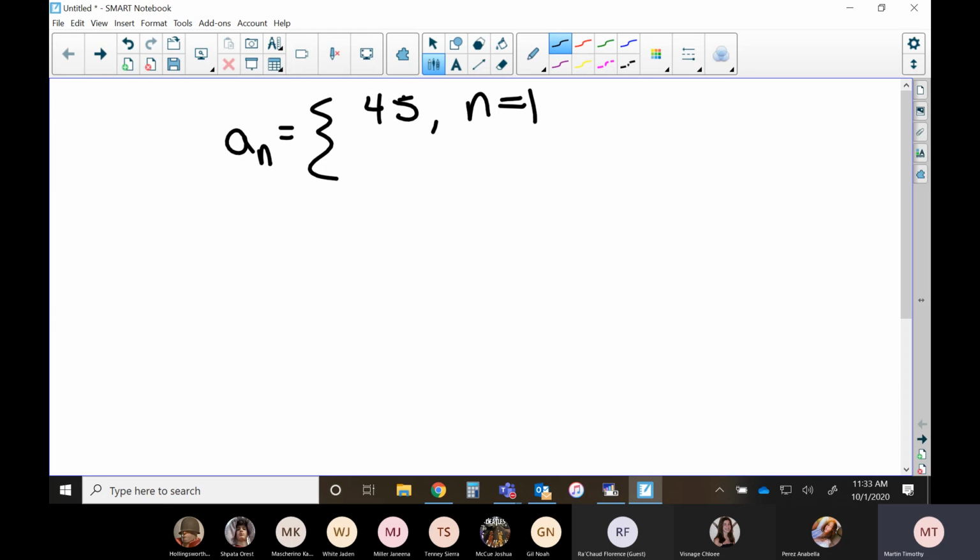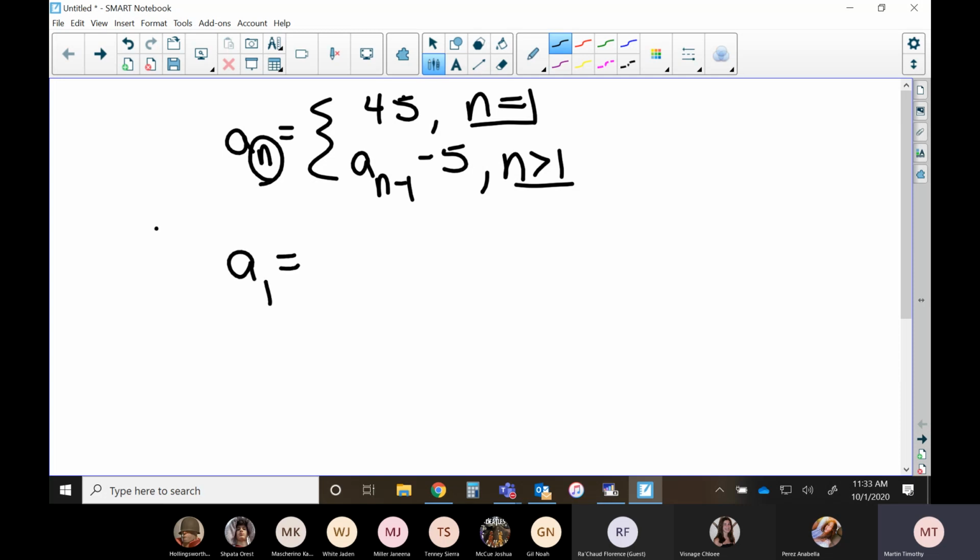And then it should have said A_n equals A_(n-1) minus 5 for when n is greater than 1. This part is missing. That's kind of a big deal because that tells you if you put 1 in for n, which is right here, that would mean A1, aka what does that tell you?